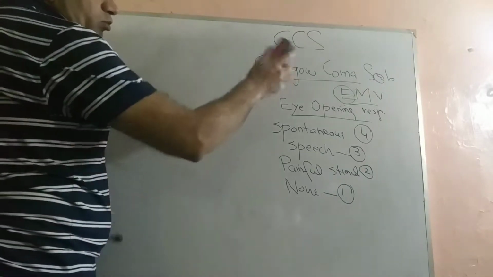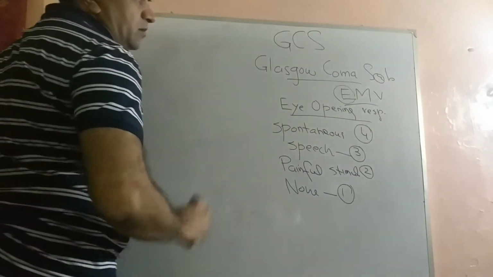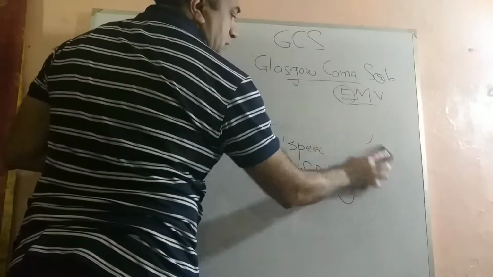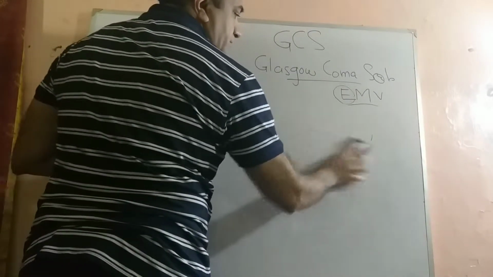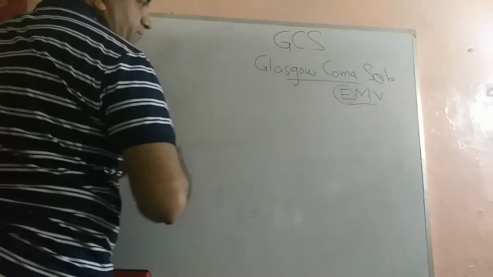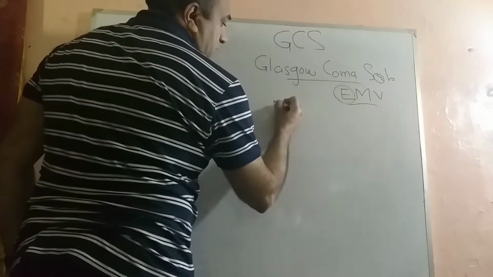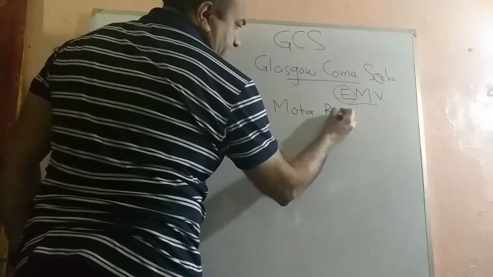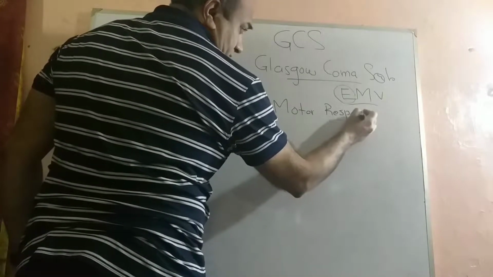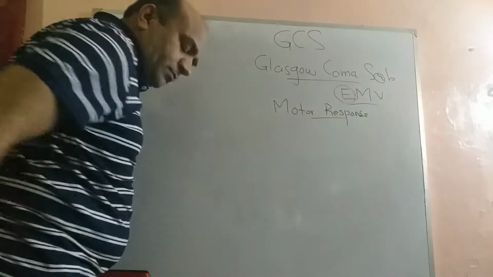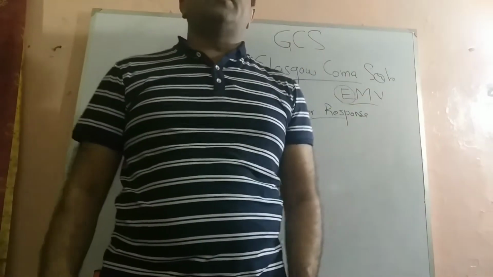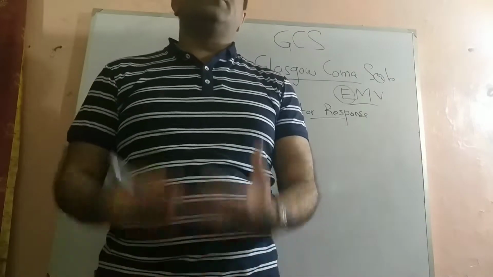Now we go to the second component, which is motor response. Motor response is one of the most important responses in evaluation of the GCS, and it has a maximum of 6 and a minimum of 1.